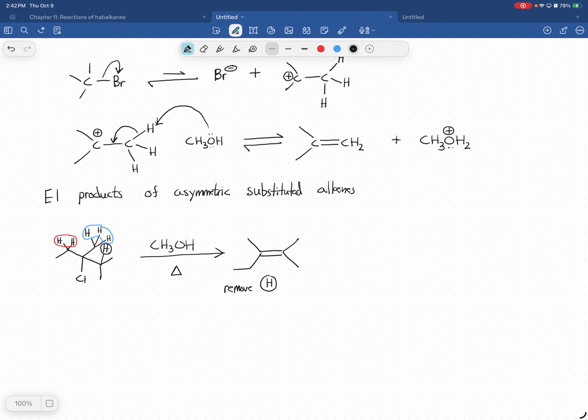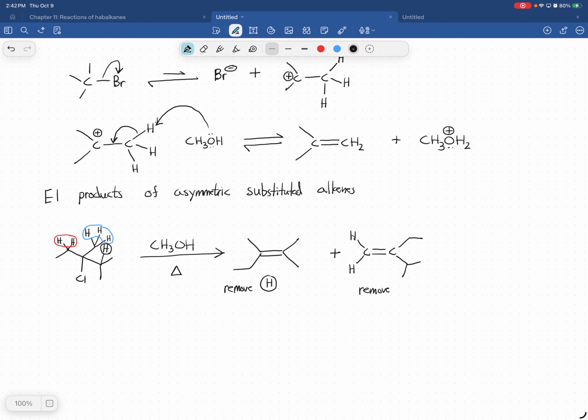But there's 2 more. All right. You can get this one as well. So this is where we remove the ones from the methyl group.